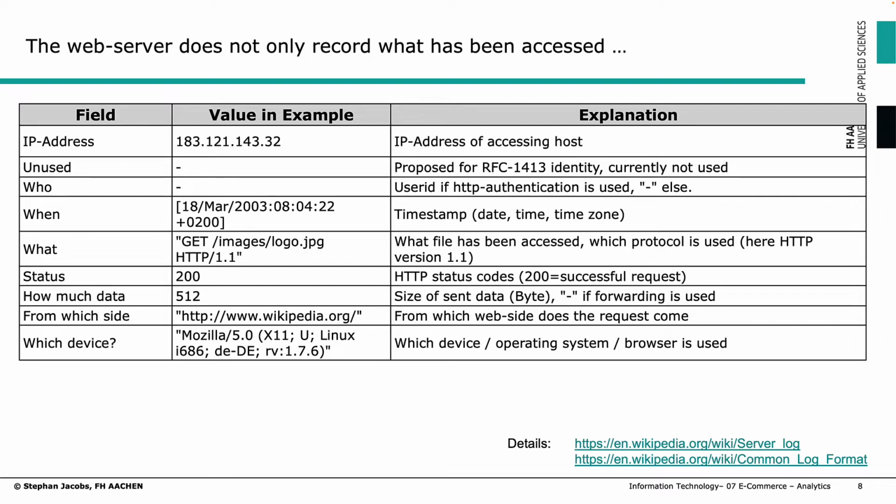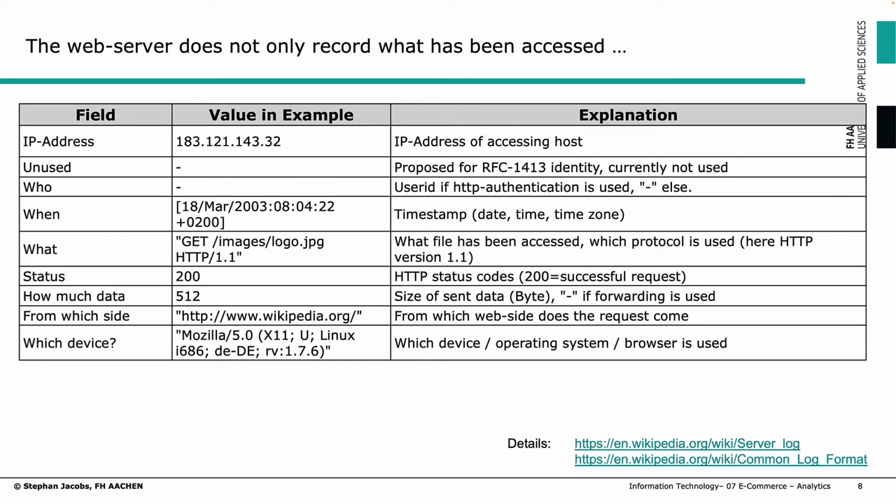Originally, they were thought for identifying a user, but it never really has been chosen as an option here. The fourth parameter is the timestamp. So you can see this GET request has been sent on 18th of March 2003 at a given time.